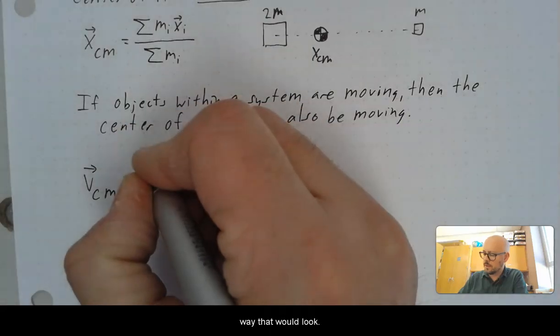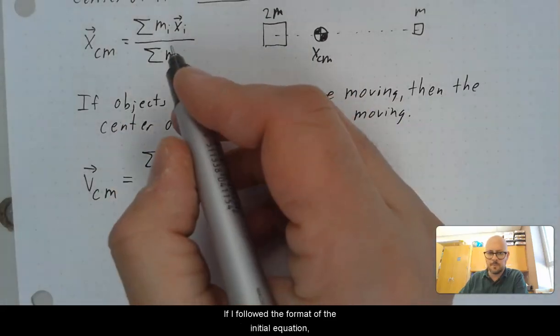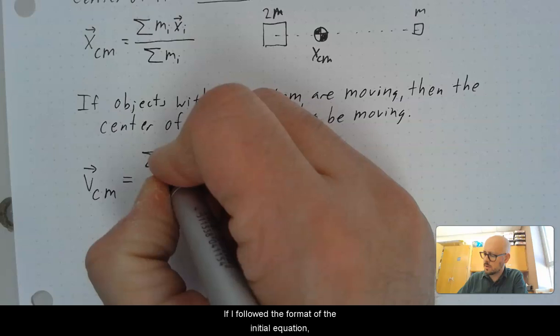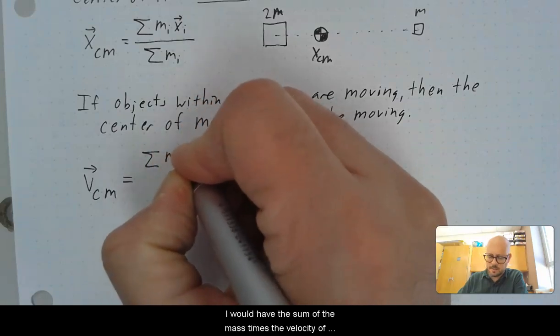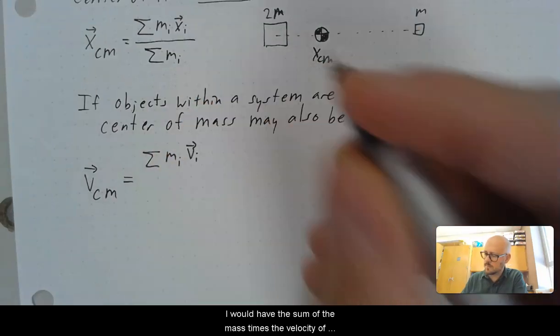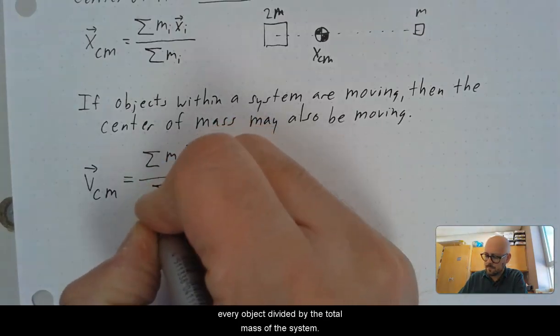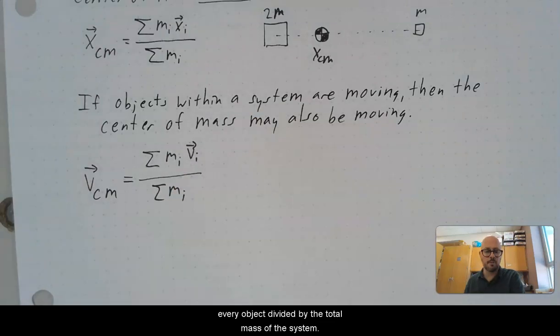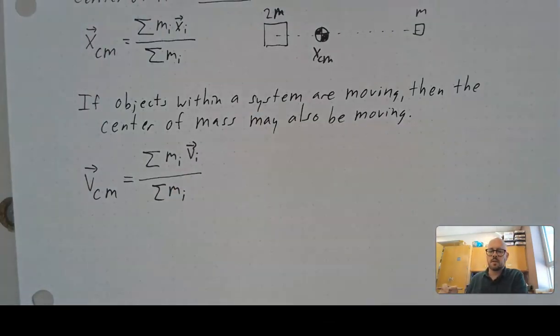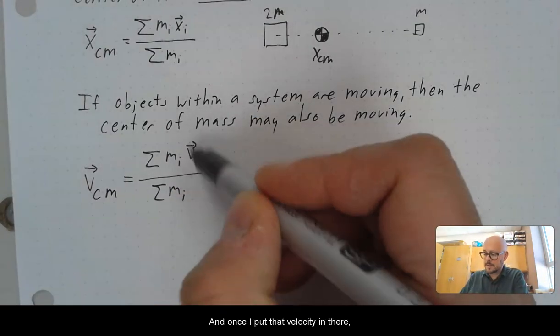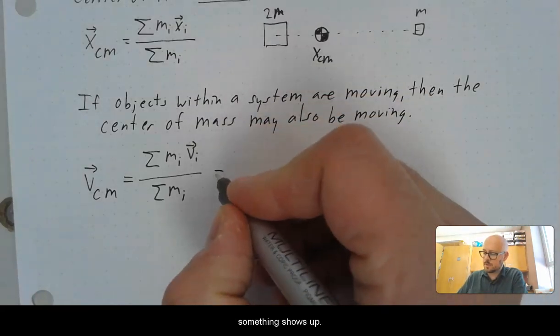And the way that would look, if I followed the format of the initial equation, I would have the sum of the mass times the velocity of every object divided by the total mass of the system. And once I put that velocity in there, something shows up.